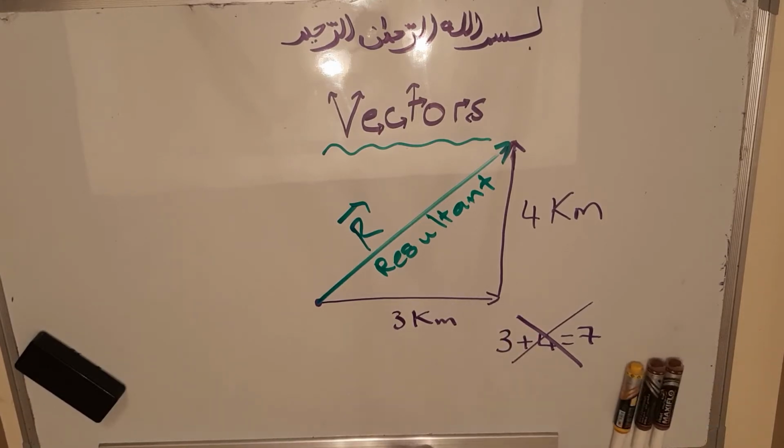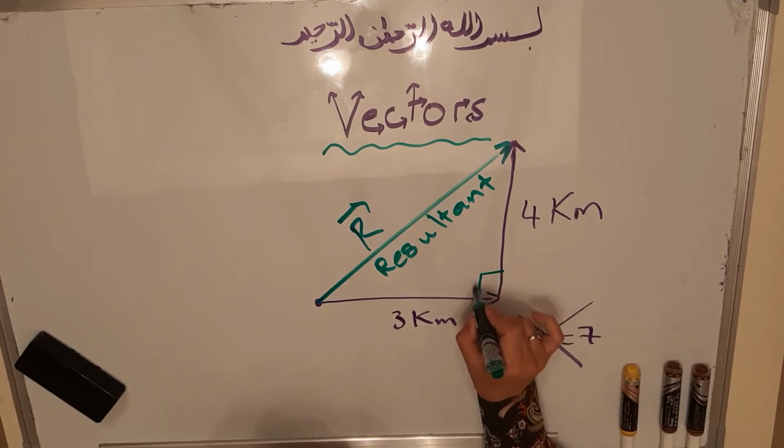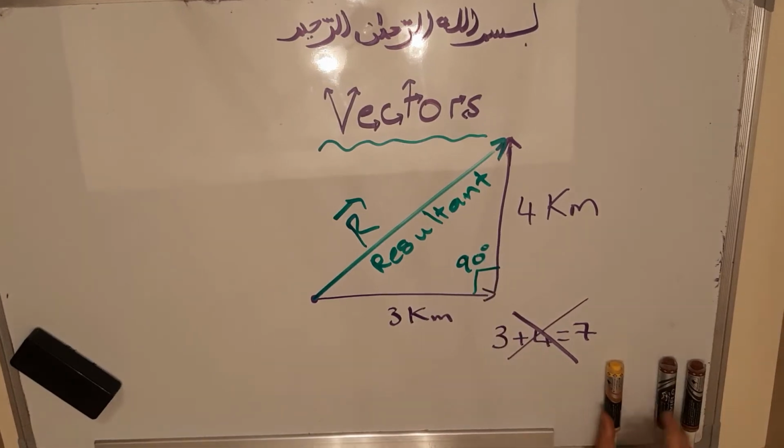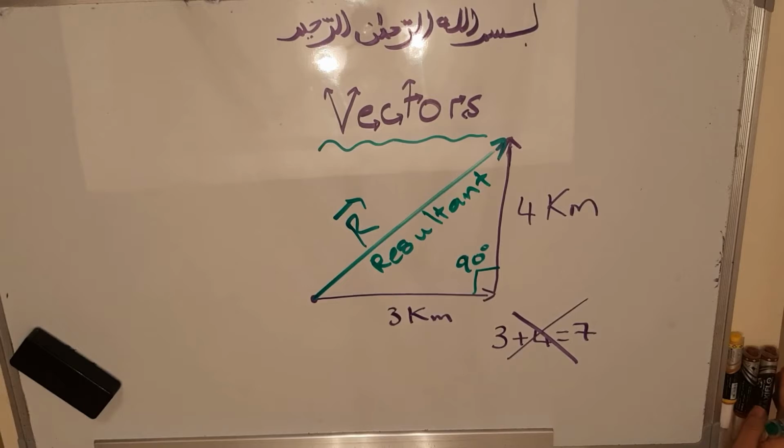So in this case, we have a 90 degrees angle, and right triangles are very easy to deal with.